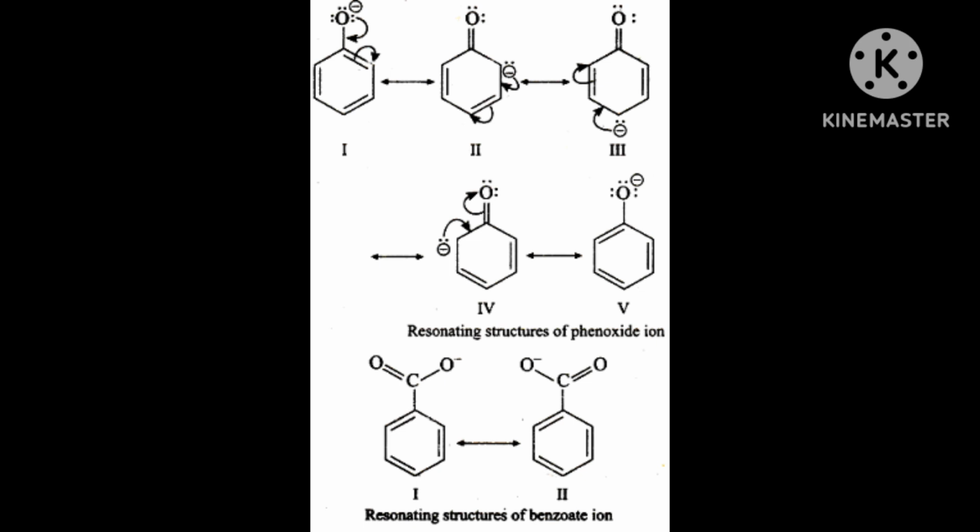Here the important point is that in the delocalization of negative charge, there are four resonating structures. The delocalization of negative charge makes the phenoxide ion more stable and favors the ionization of phenol.